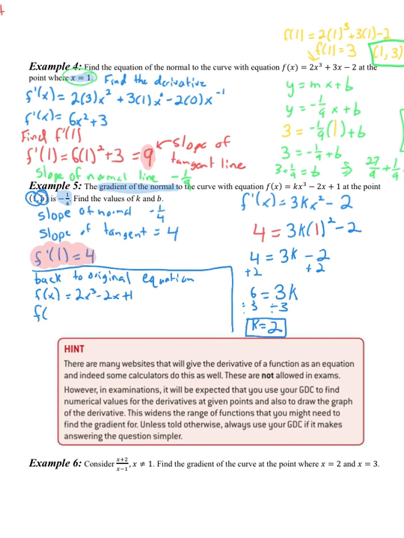And I'm solving for f of 1. I'm just solving for the y value at this point. And I'm going to get 2 minus 2 plus 1. So 2 minus 2 is 0, plus 1 is 1. So that means b equals 1.